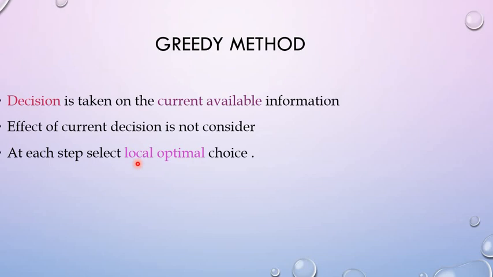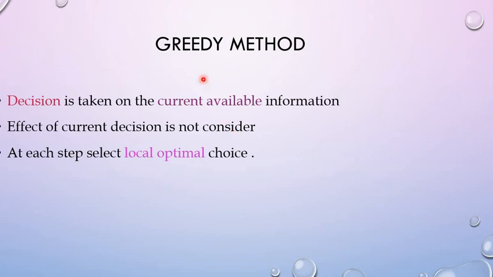Global means the final solution. The solutions of each and every part are joined together to give the final solution. Sometimes it will not lead to the global optimum choice. That is the disadvantage of the greedy technique. The effect of the current situation is not considered. Once a choice is taken, it is not reconsidered.